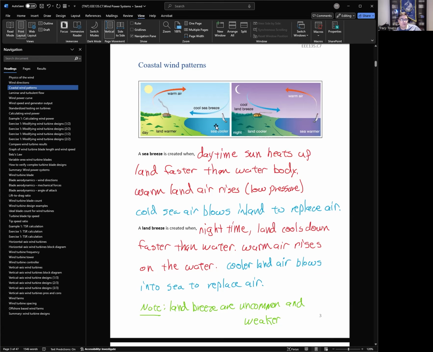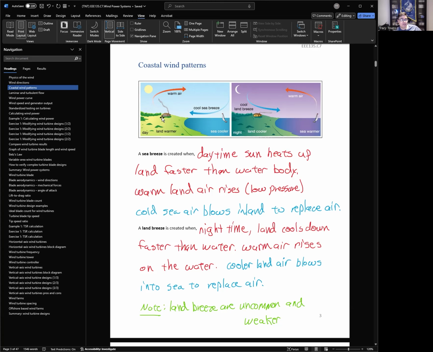Now, the cool water will make the air cool as well, and the land will have hot air on it. So what happens to hot air? It rises. In the daytime, the sun heats up the land faster than a water body, and warm air will literally rise up into the sky.